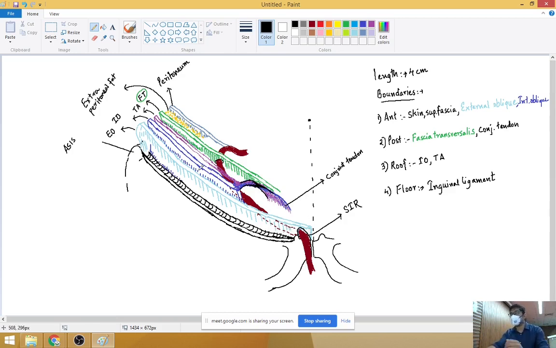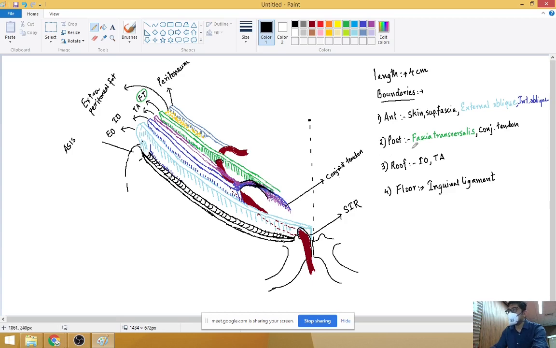If you see the anterior boundary: skin, superficial fascia, I have not drawn all those. That is understood. Then the external oblique muscle, and the internal oblique. Not all throughout. The internal oblique is forming it in the lateral one-third only. Why? Because after that it forms the conjoint tendon.